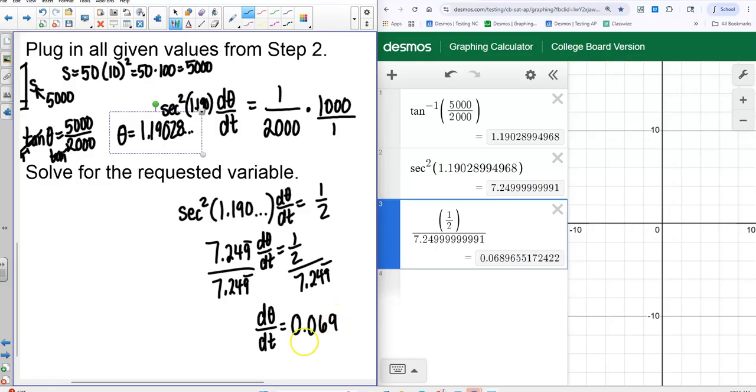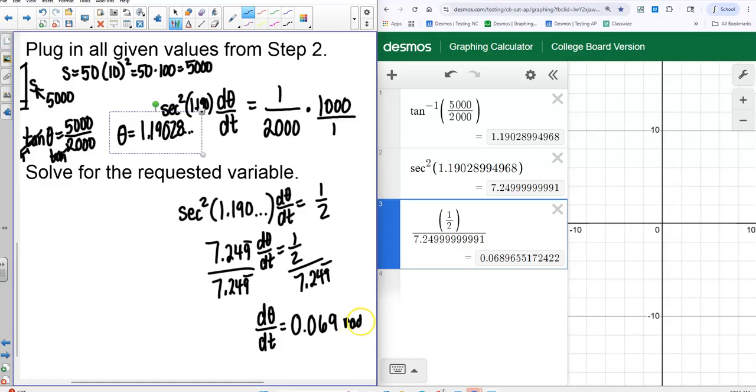0.069. What are our units for that? What would theta be measured in? It's an angle. How do we measure angles? We only have two options, degrees or radians. We're using radians because I got the calculator in radian mode, and everything on the AP exam is always radians.